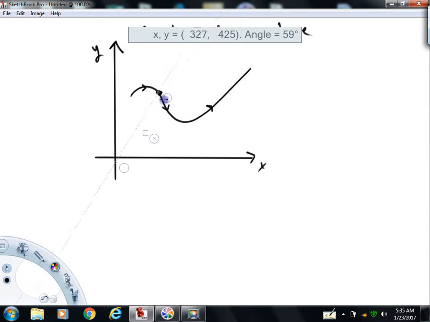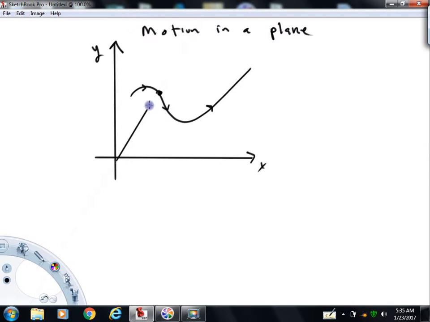This particle at this instant has a position vector, which I'm going to call R. And this position vector could be expressed in either XY coordinates, which will be the main focus of this video, or conceivably it can also be expressed as a distance and an angle, which will be what are called polar coordinates. So for this video we're going to focus on the Cartesian formulation of describing the motion of this particle.